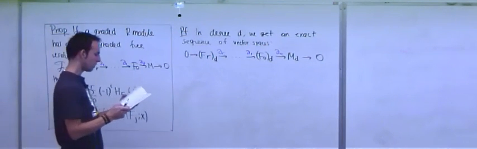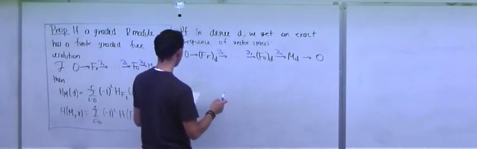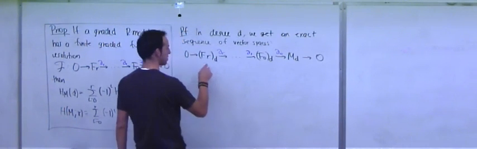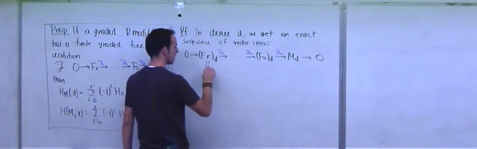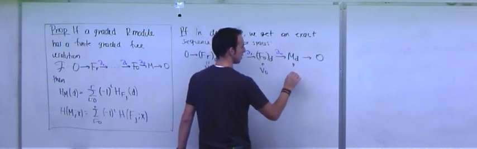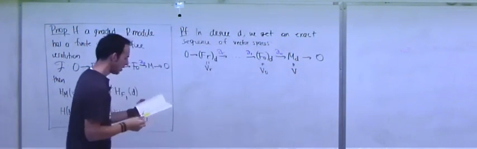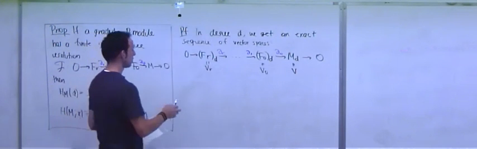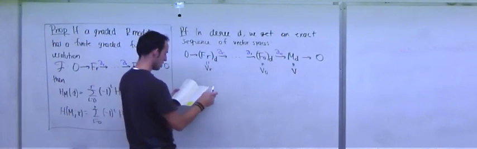So what I mean by this, maybe let's clean up the notation a little bit. I'll call this VR, I'll call this V0, I'll call this V, okay? And so what do I want to say now?